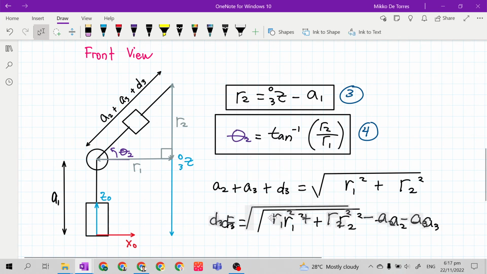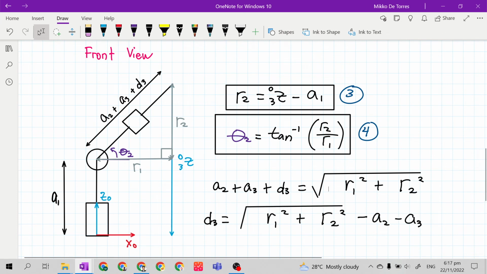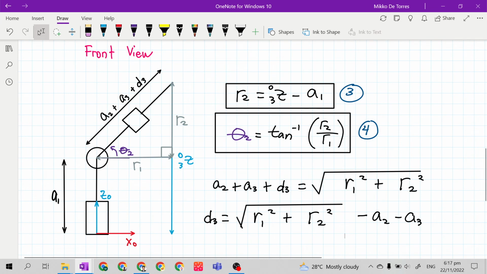Okay, so it will look like this. Don't need to square, sorry. So d sub 3 is equal to square root of r1 squared plus r2 squared minus a2 minus a3.